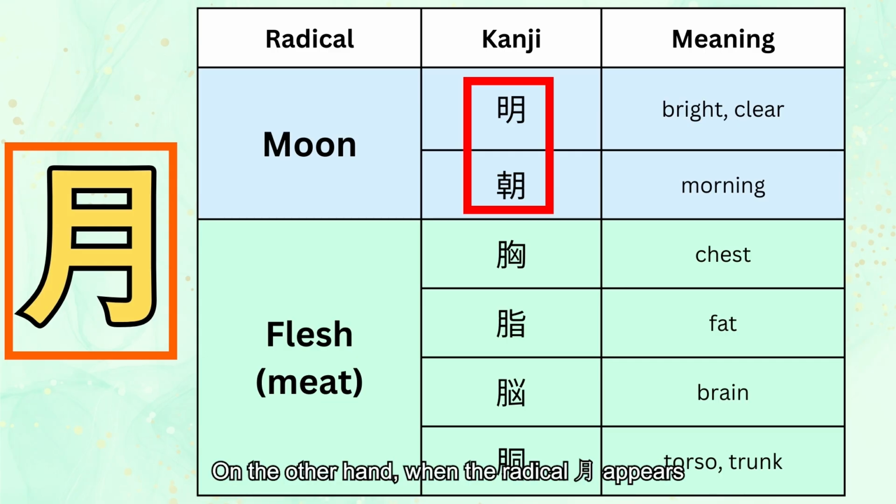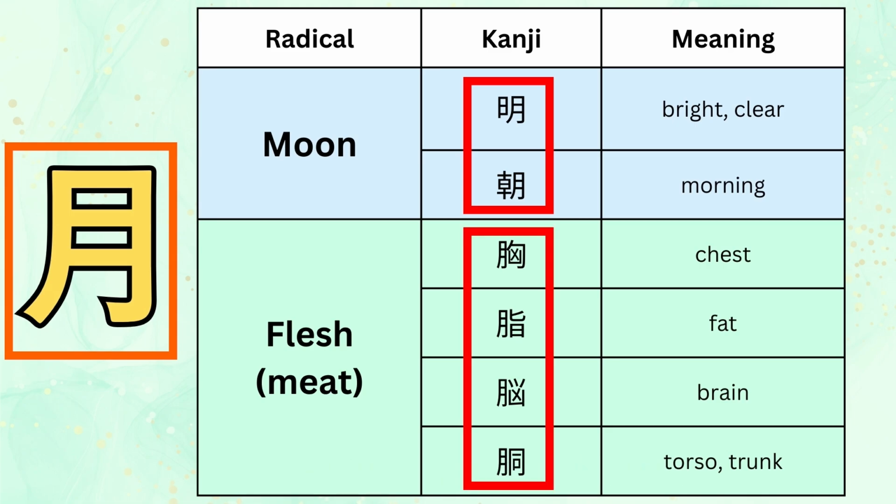On the other hand, when the radical appears on the left of characters like mune, shi, no, do, the radical is actually called nikuzuki, which means the flesh radical or meat radical. Even though it looks exactly the same as the moon radical, it is from the shape of a cut piece of meat, so it appears in kanji related to body parts.